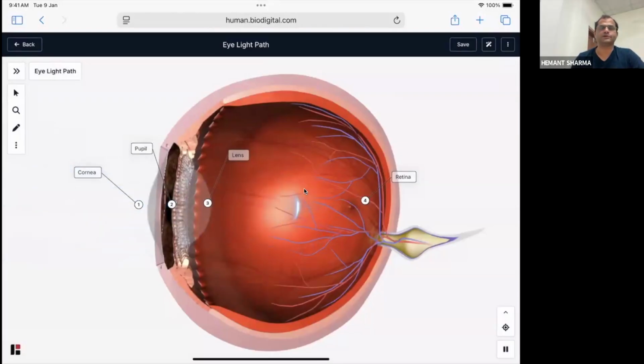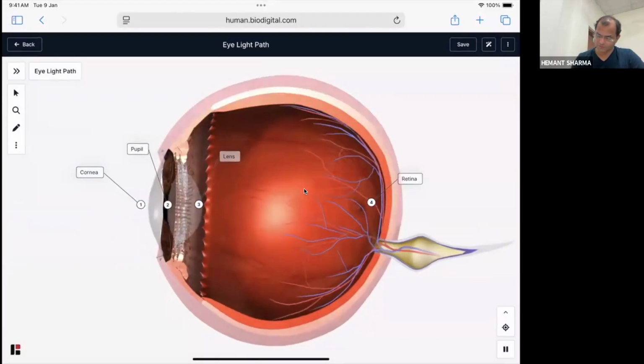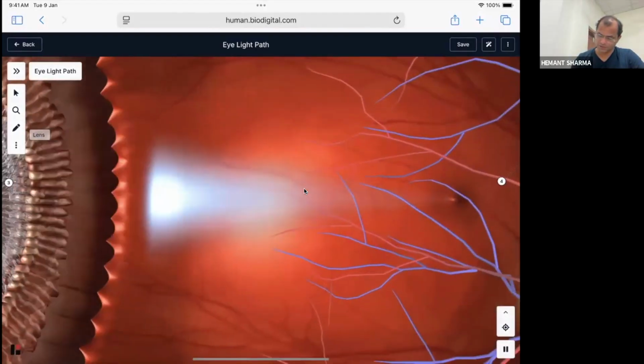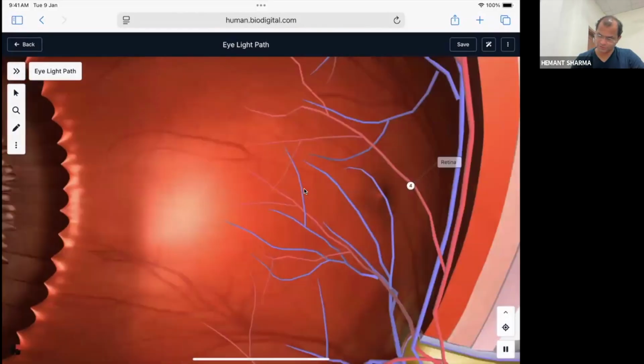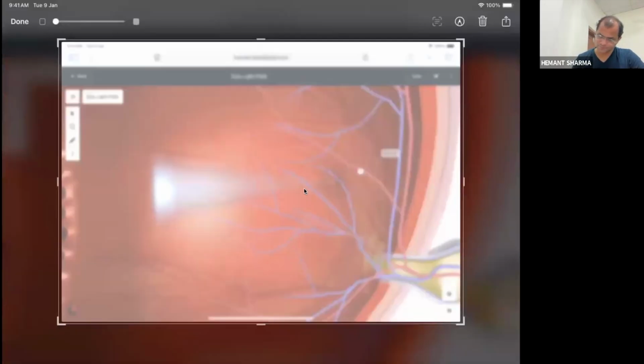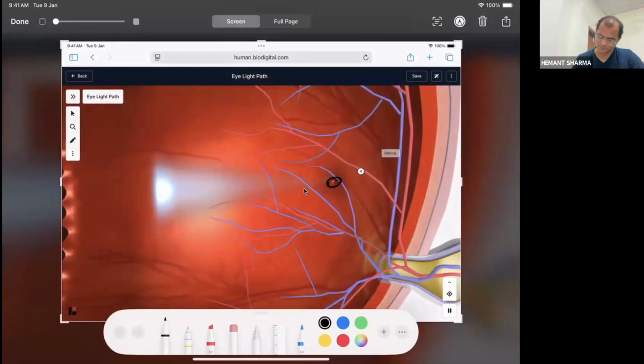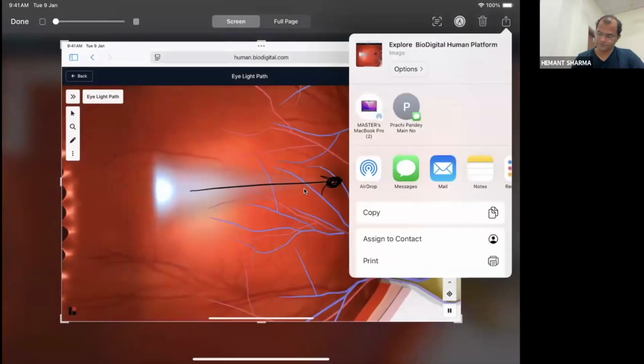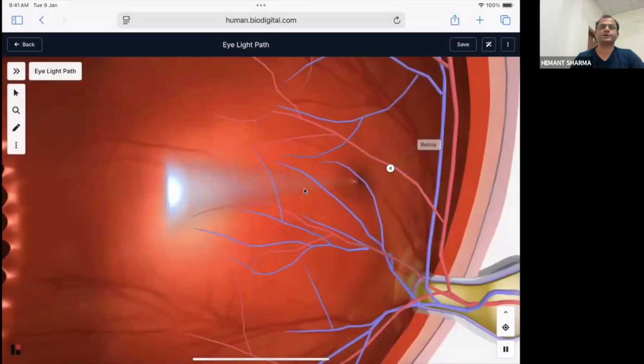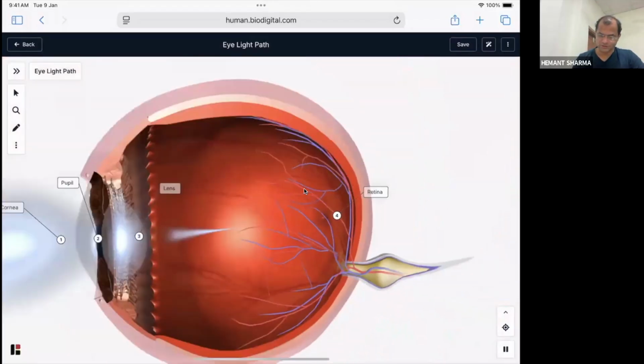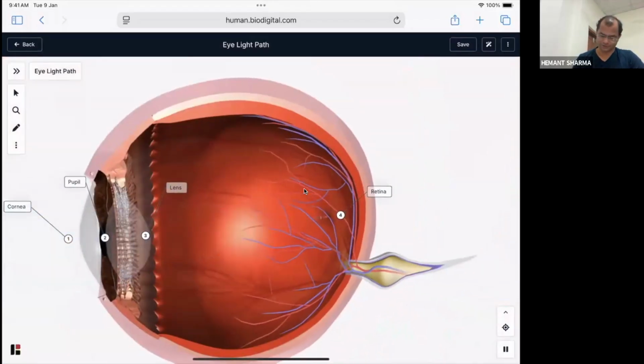We can see the light is entering from the outer side, then going the full length, and finally coming here on this spot. We can see this is the spot. Finally, light is coming on this spot. If there is a problem in this spot, then the person will not be able to see. This problem is common with many diabetic persons.